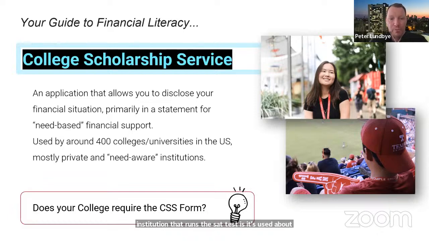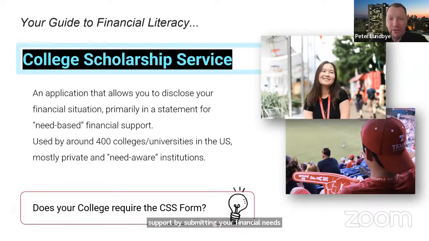Most of those are private, and most of them have a system that is called need aware. And you just heard about the terminology before between need aware and need blind. So when an institution is need aware, that means that you can usually apply for a scholarship or for financial support by submitting your financial needs.